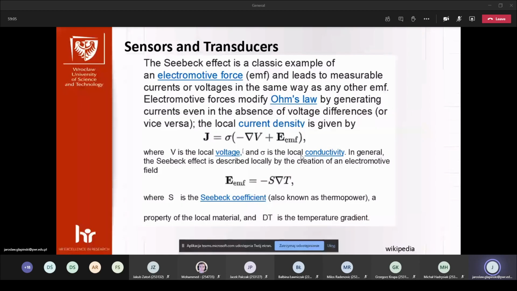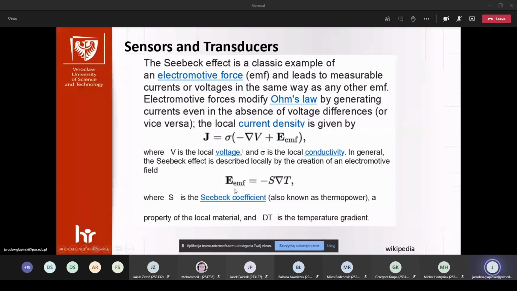So the Seebeck effect is a classic example of electromotive force, where the leads are connected, for example, to the measurement system. Electromotive force, of course, by Ohm's law, is generated by the current, even in the absence of a voltage difference. So the energy is equal to the local voltage and the local conductivity. So we can generate energy.